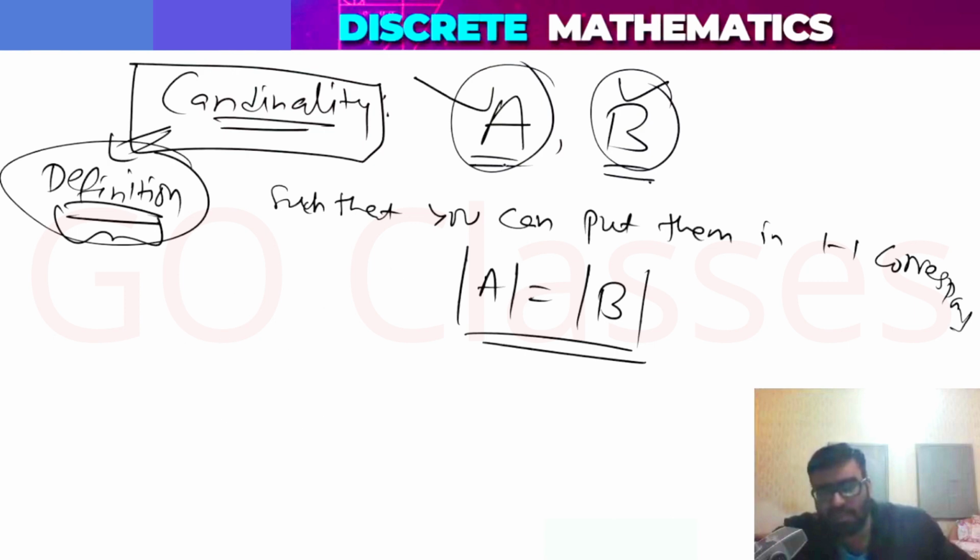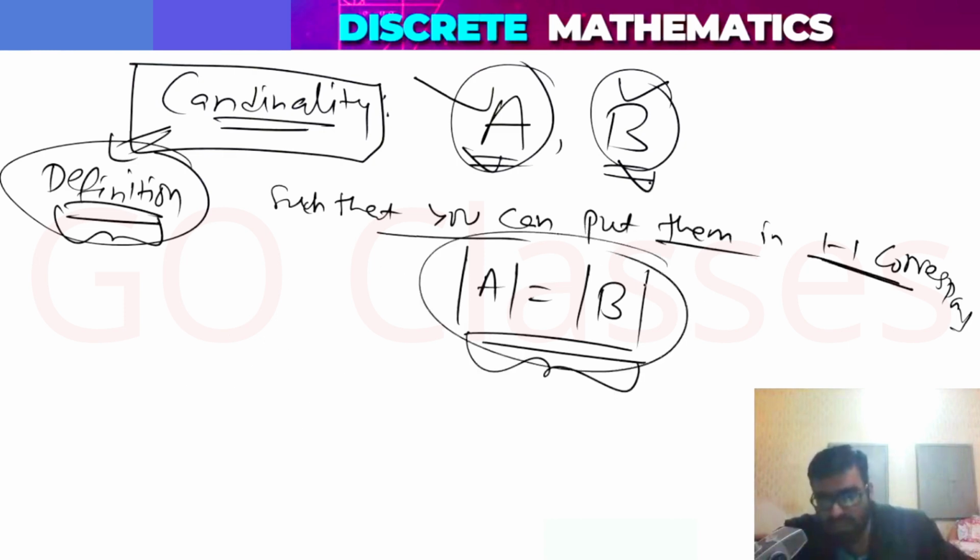So this is the definition. You have set A, set B. If you can put them in one-to-one correspondence, then we will say that they have the same cardinality. And if they have the same cardinality, then you can put them in one-to-one correspondence.